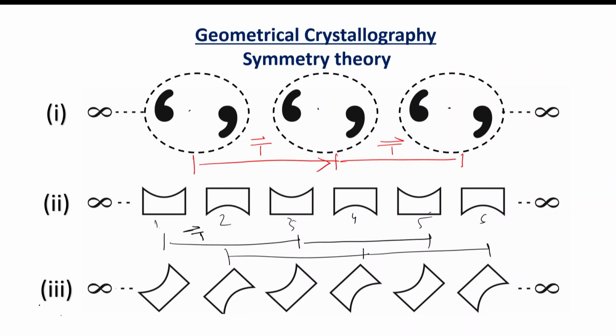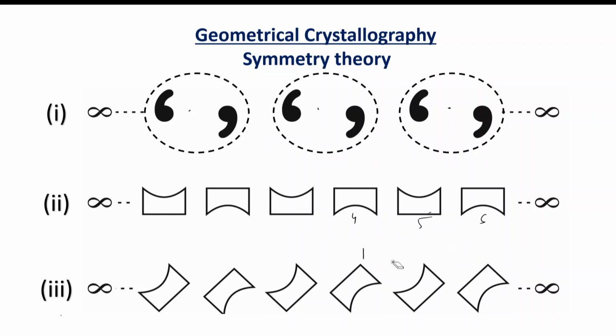Now if I look at the other symmetry operations that we can see over here, apart from this stamp operation, what else can we think of? Again, if I take the first chain, I can say that motif 1 is related to motif 2 with a rotational kind of symmetry. You can generate the second motif from the first one, the third one from the second one, the fourth one from the third one, and so on and so forth.